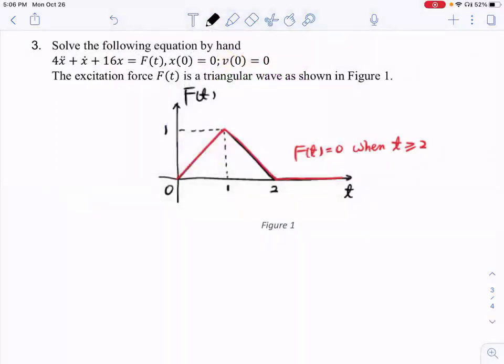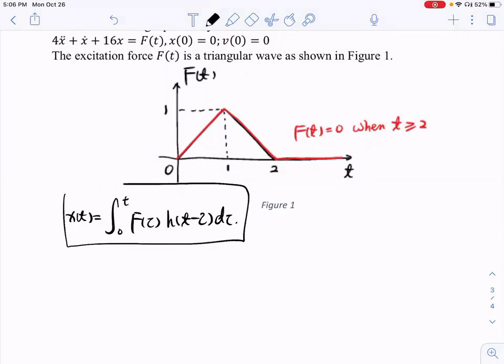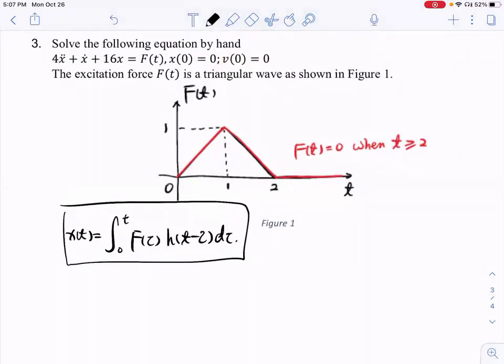A lot of you, when you saw something like this, okay, this force looks like an arbitrary force, then you want to use x(t) equals the integral from 0 to t of f(tau) h(t minus tau) d tau. In previous exams, whenever you see something like this, a lot of students choose to use the convolution integral to solve this problem. That's doable, that's feasible, but you might not be able to complete the problem within the time window I gave you.